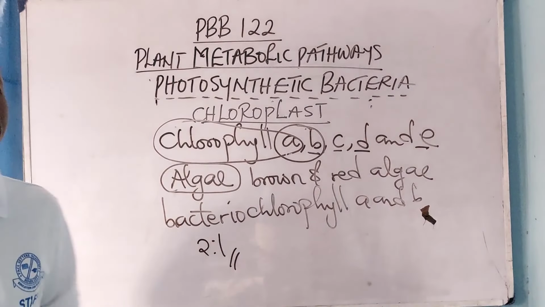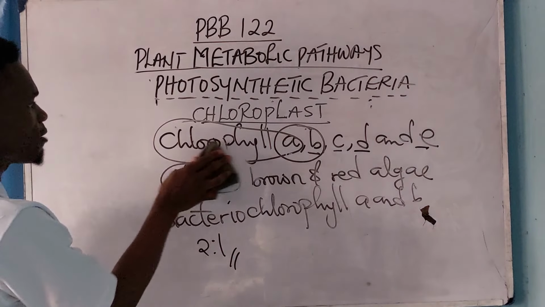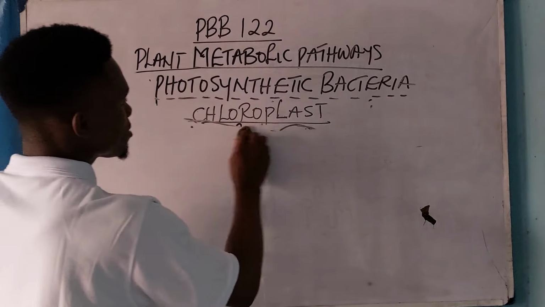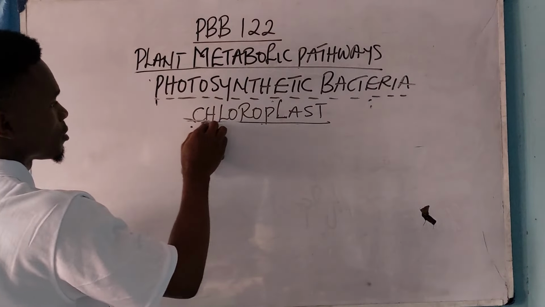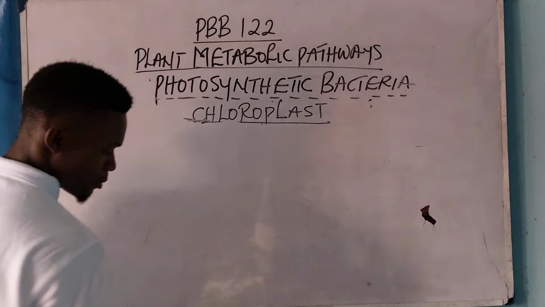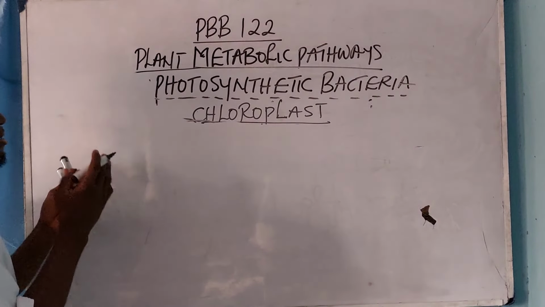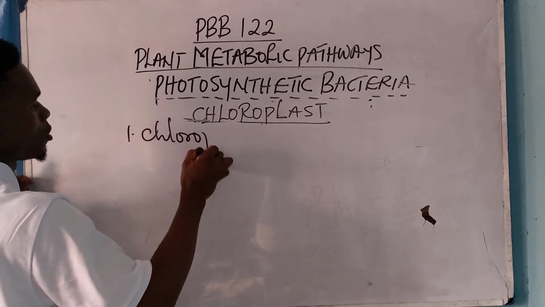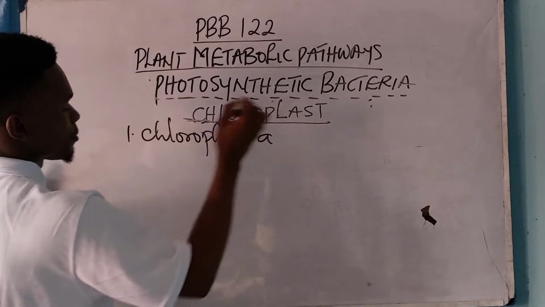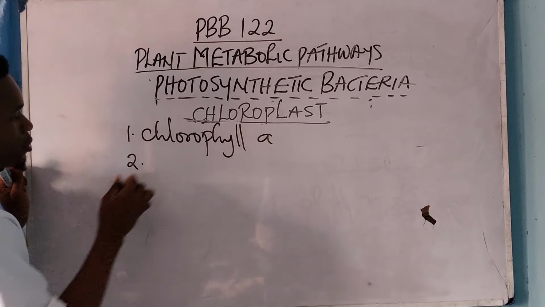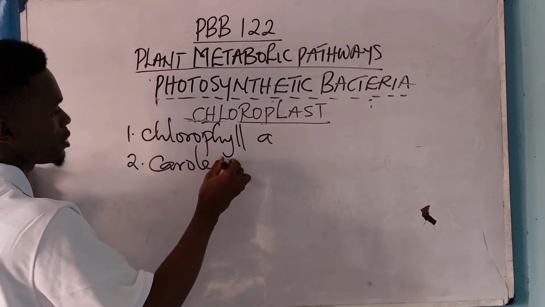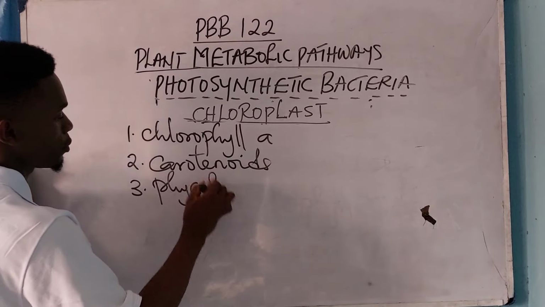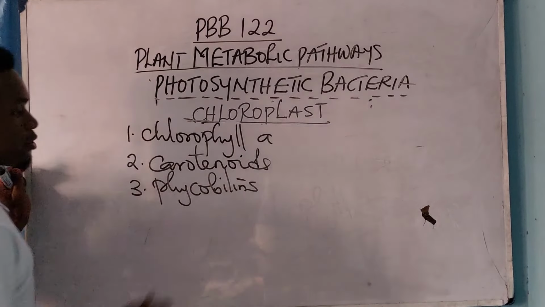We now have other photosynthetic pigments. The major pigments available for photosynthesis in bacteria are: one, chlorophyll A; two, carotenoids; and three, phycobilins.